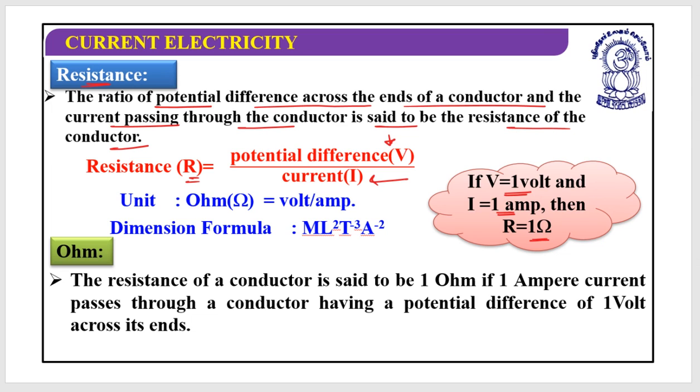The SI unit can be written as volt per ampere, but the conventional unit is ohm, and mostly we are going to use ohm only. If I write the dimensional formula, it is M1 L2 T^-3 A^-2.